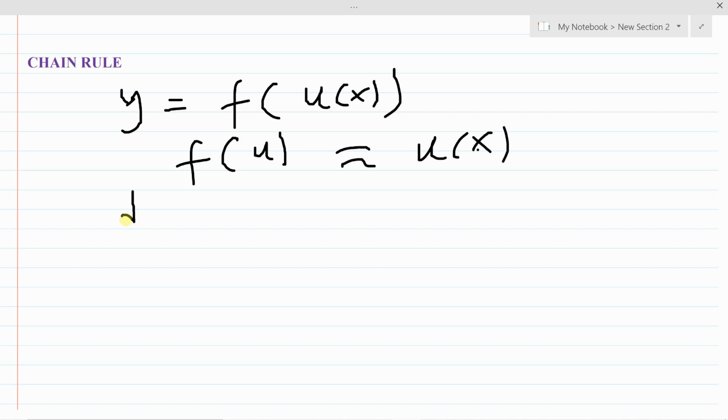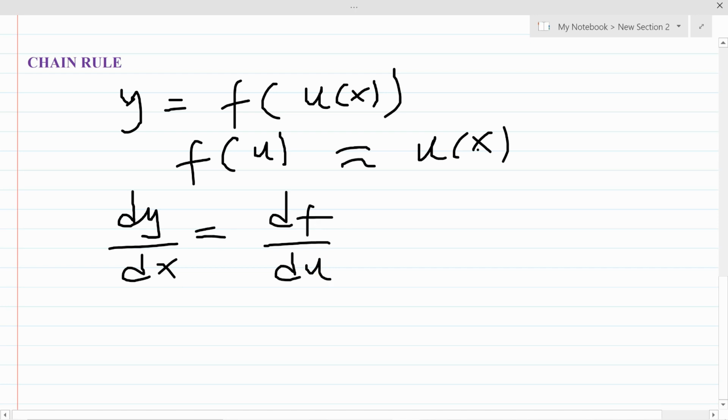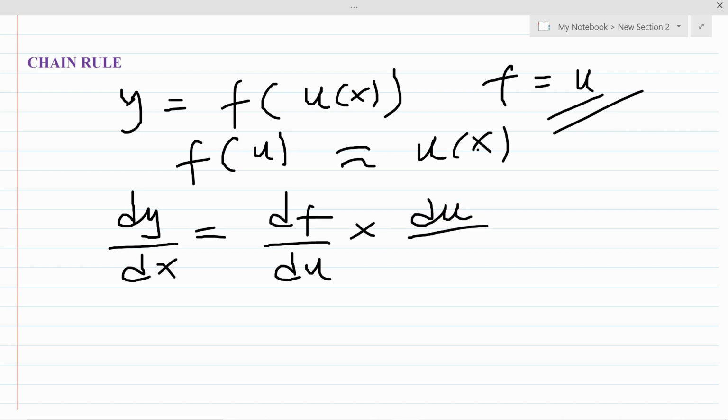Now our dy dx will be equal to df du, meaning you differentiate f in terms of u, times differentiating u in terms of x.